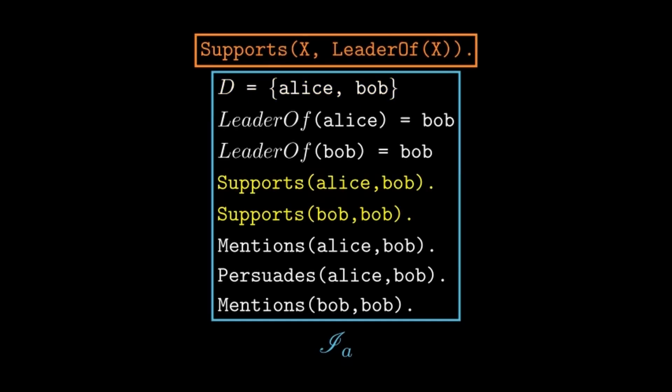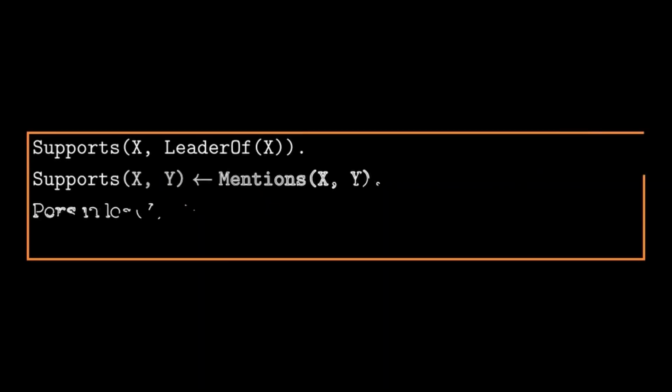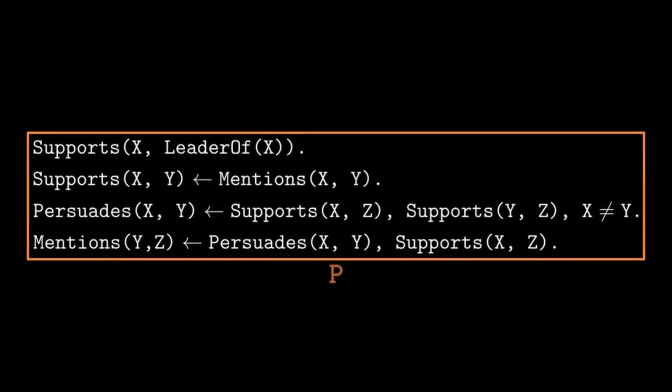The difference between syntax and semantics is subtle. At first glance, not only have we introduced a truckload of jargon, but perhaps more importantly, aren't we just splitting hairs, you might ask? So you decided to call leader of a symbol. How is the tuple Alice, Bob any less symbolic? How is it meaningful?